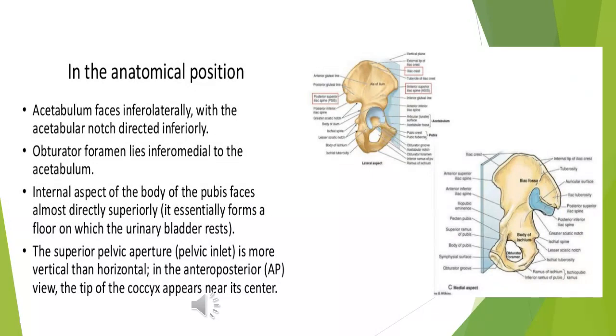Then the internal aspect of the body of the pubis is directed upward, or superiorly, and backward, and it is where the urinary bladder rests. In the anteroposterior view, you can see that the inlet is more vertical than horizontal, with the tip of the coccyx appearing near its center.